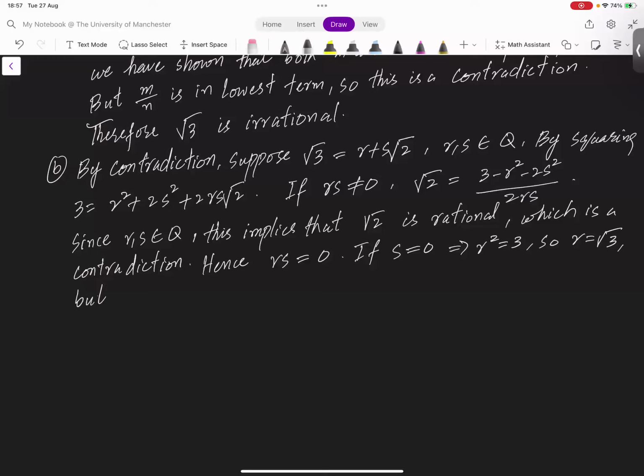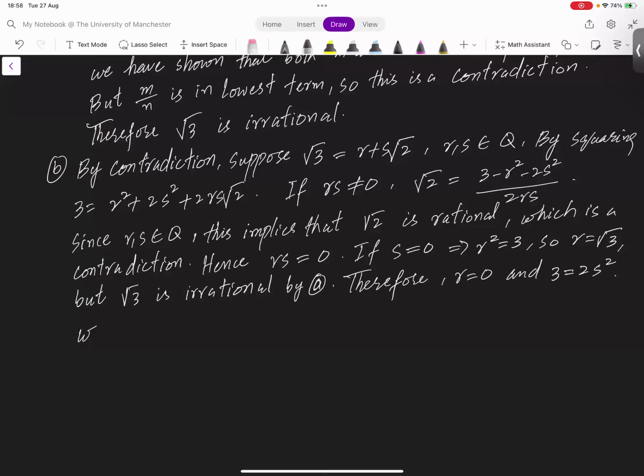But under root 3 is irrational by part A. Therefore, r is 0 and 3 is 2s square.